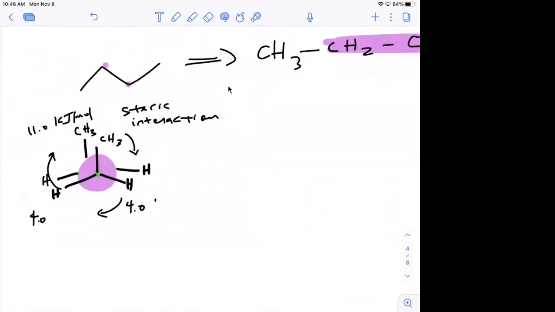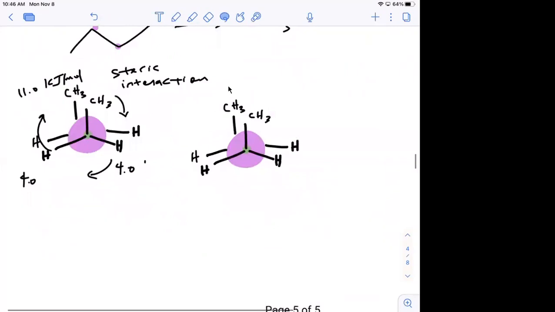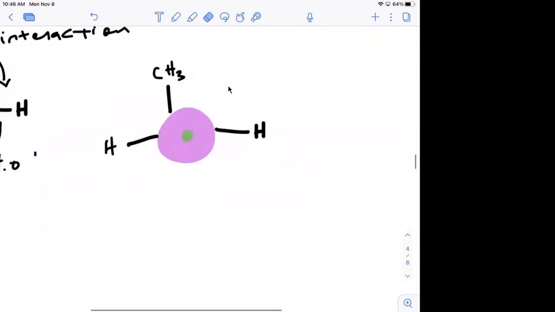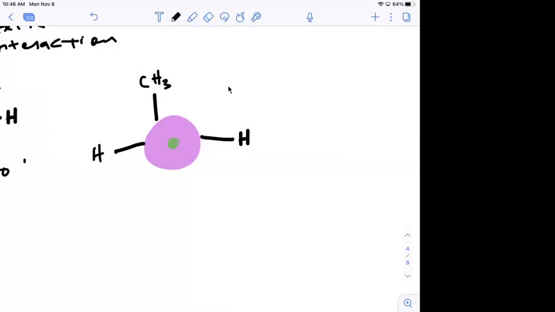So then if I draw that conformation, this is eclipsed, am I right? The first one on the left. Is that eclipsed? Yes, it is. So my next conformation has to be what?